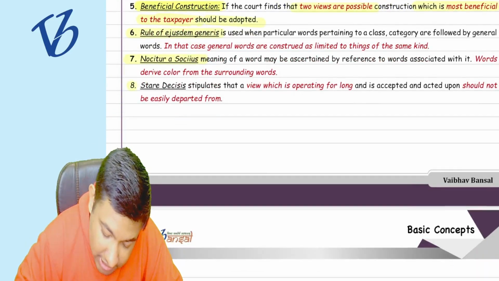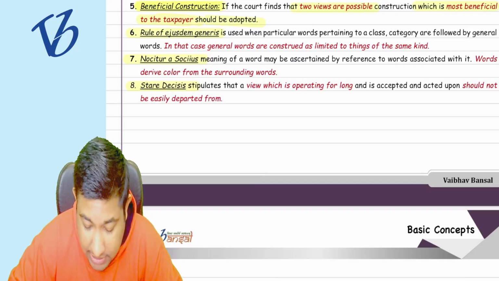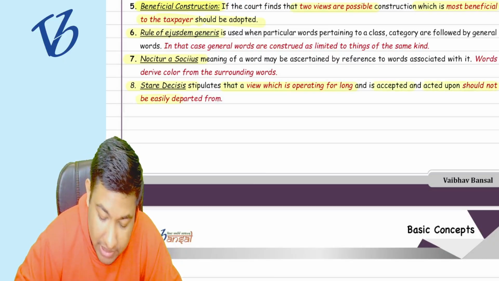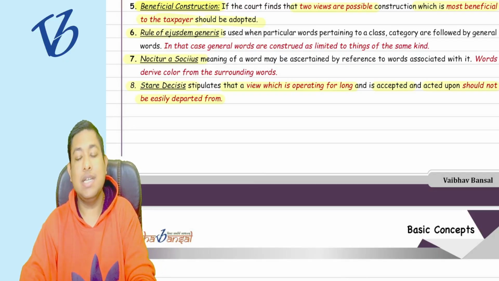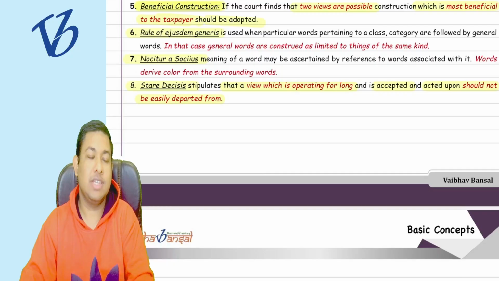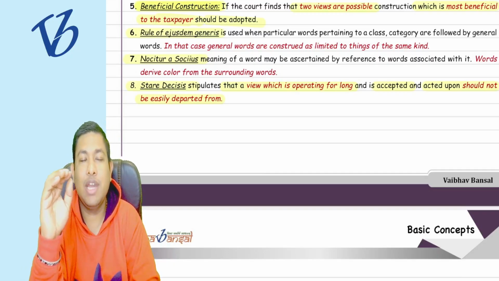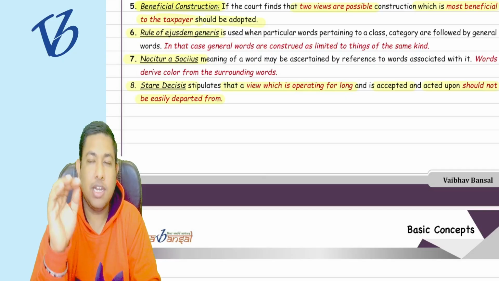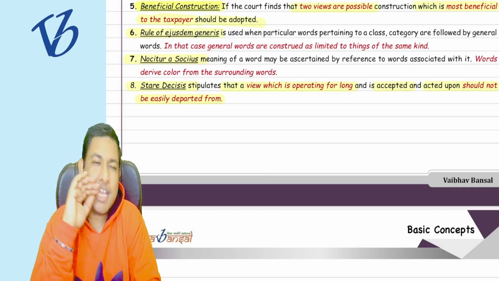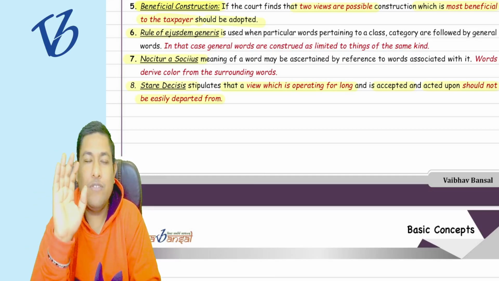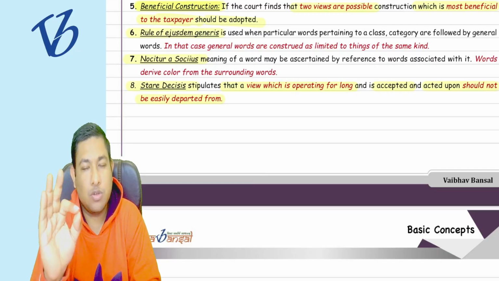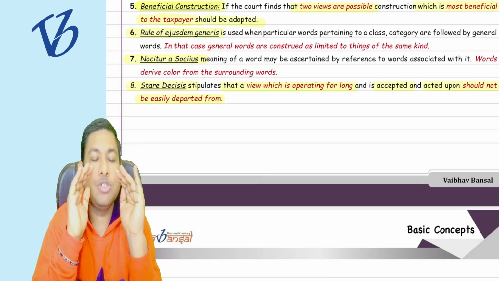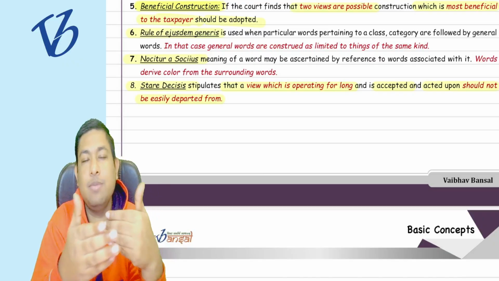Now, last is stare decisis, which stipulates that a view which has been operating for long and is accepted and acted upon shall not be easily departed from. See, there could be a customary provision that this particular provision will always be interpreted in this particular manner. It is not written in the law or in any rule book, but as per society's custom, we understand that this word or line or rule will be interpreted in this manner.